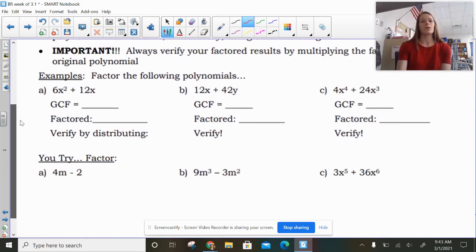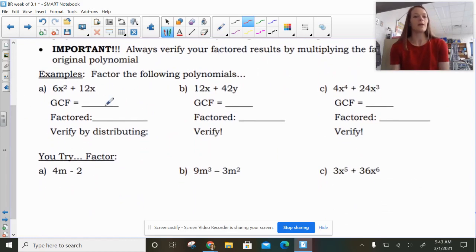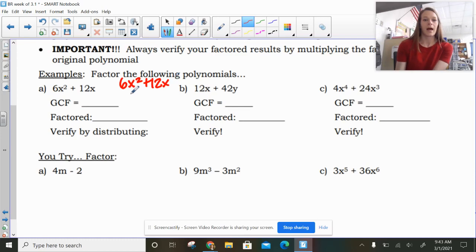When you're looking at these, what you want to figure out is what is the greatest number I can divide both of these numbers by. I'm going to rewrite it over here so I have room. I automatically notice I can divide both of those by 6. But you also have to look for a letter.